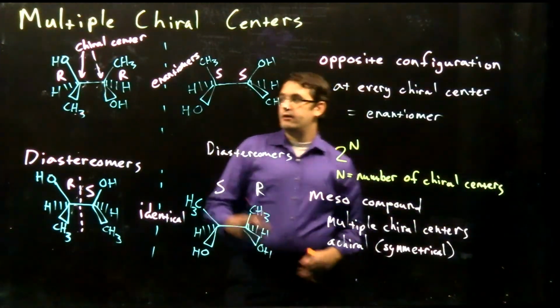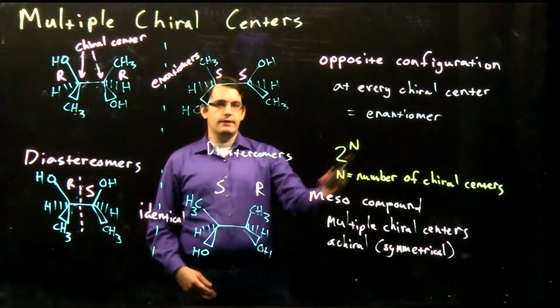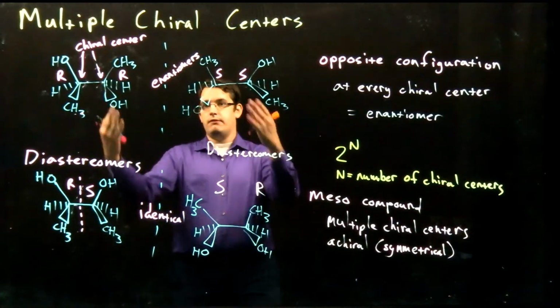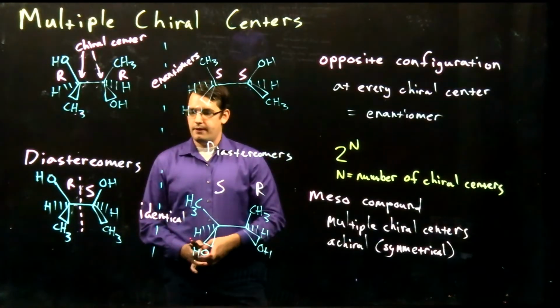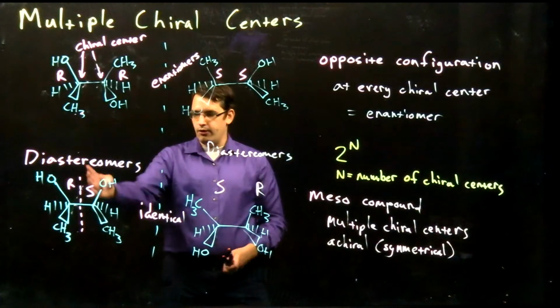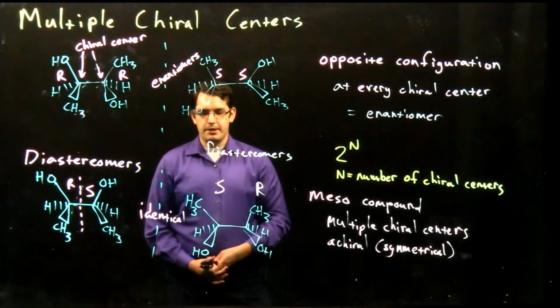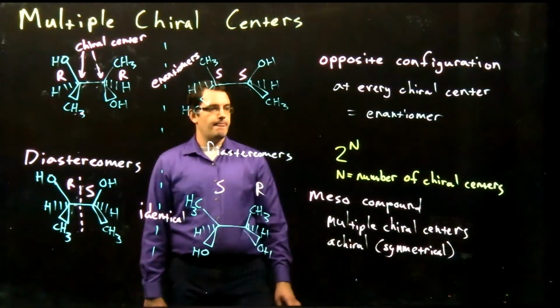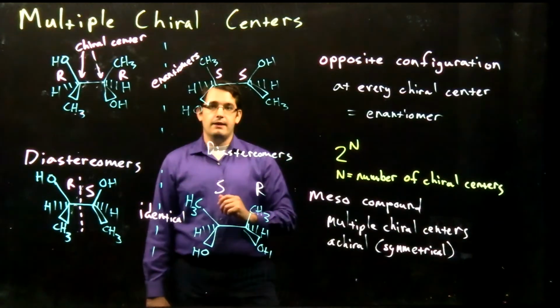So here we have 2 chiral centers, 2 raised to the 2 is 4. We have our 4 different possibilities, but in this case 2 are actually identical because of that symmetry in our molecule. So we normally expect this many different possibilities.